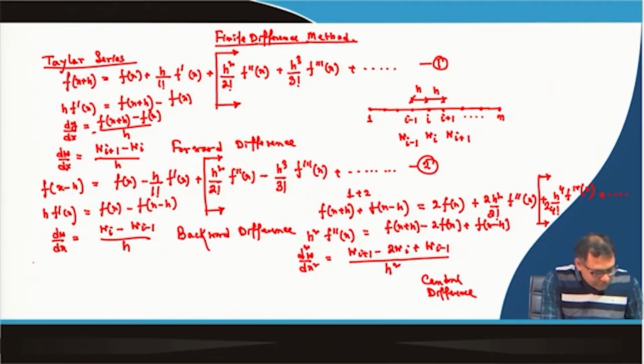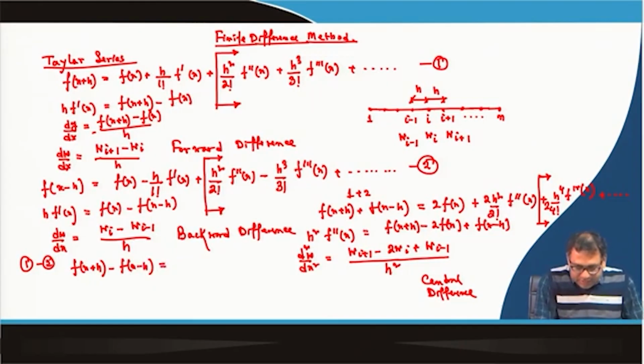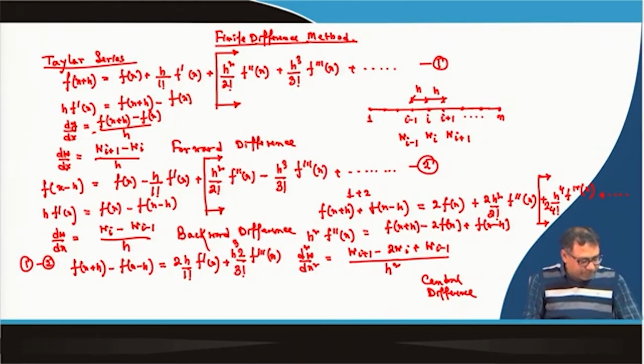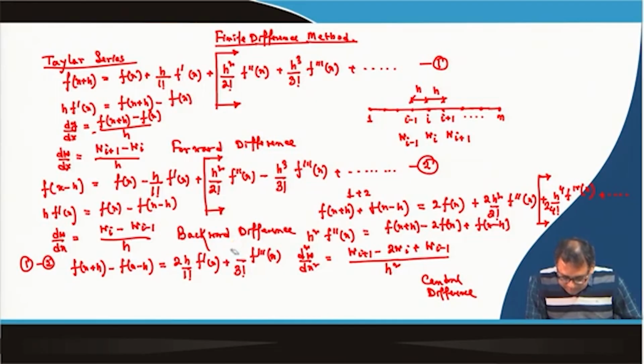Now, if I subtract 2 from 1, then I will get f(x plus h) minus f(x minus h), subtracting that, the first term will cancel. So, this will be 2 h f dash x plus 2 by 3 factorial f 3 x, h cube, 2 h cube.